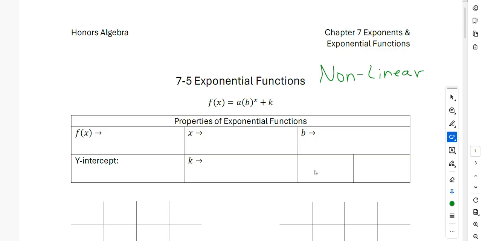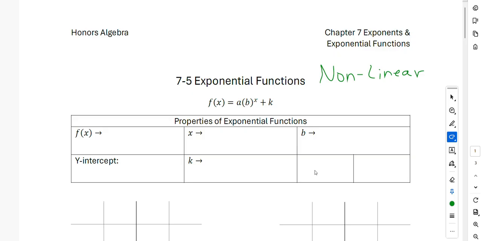So in the exponential function, we will notice that the input, what we plug into the function, is in the exponent. Hence the name, an exponential function. Okay. So f of x equals a times b raised to the x plus k.